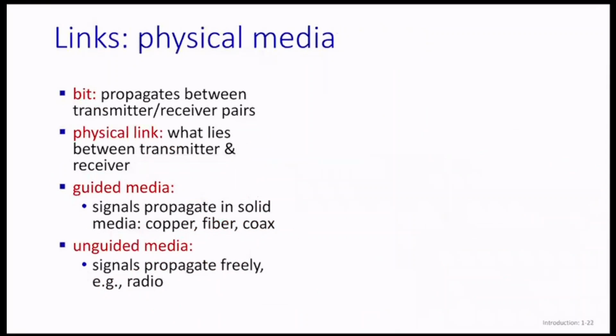Next, I will introduce the physical medium for the link layer. First, what is the physical medium? If we want to transmit a packet including L bits, that packet propagates between a pair of devices, so what is the physical link to support this transmission?